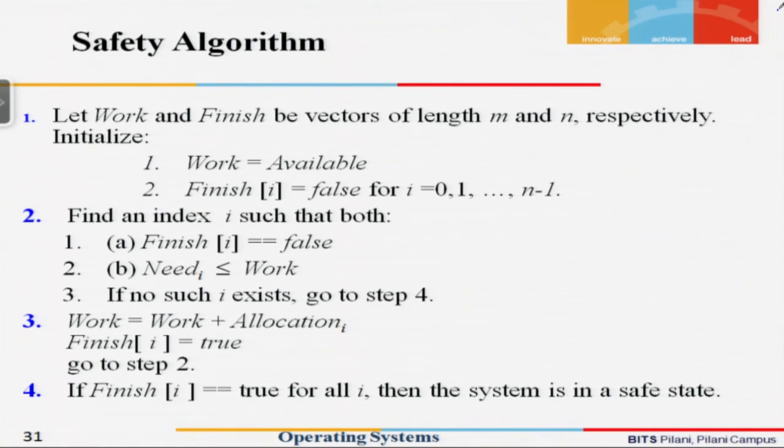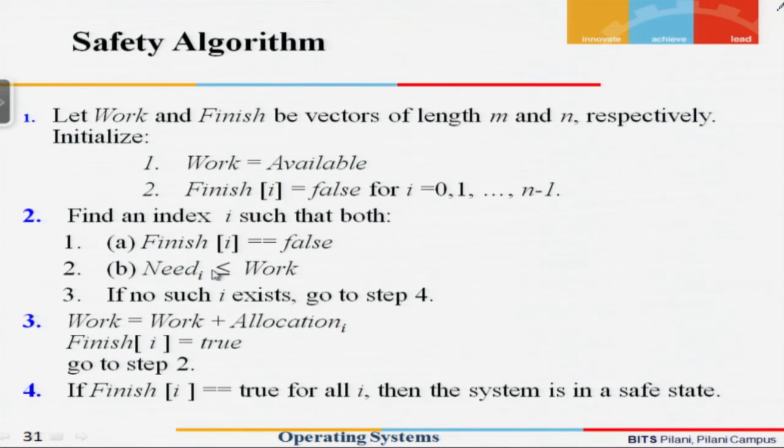At the next step, we find an index i such that both conditions are true, condition A and B here: finish[i] is false, and need[i] is less than or equal to work, that is, the current need of the ith process is less than the availability.